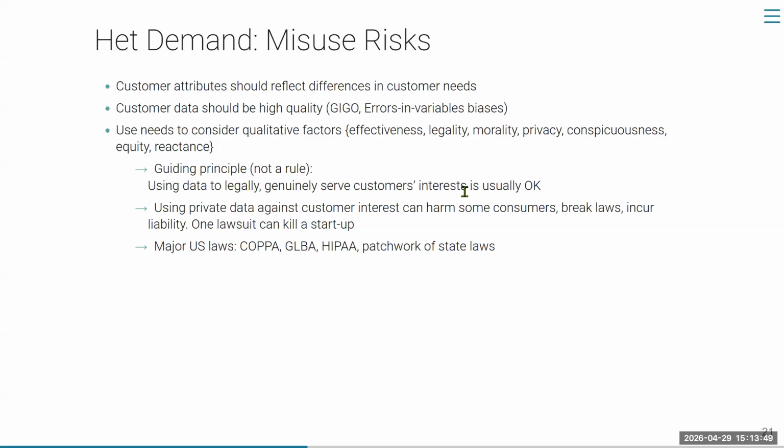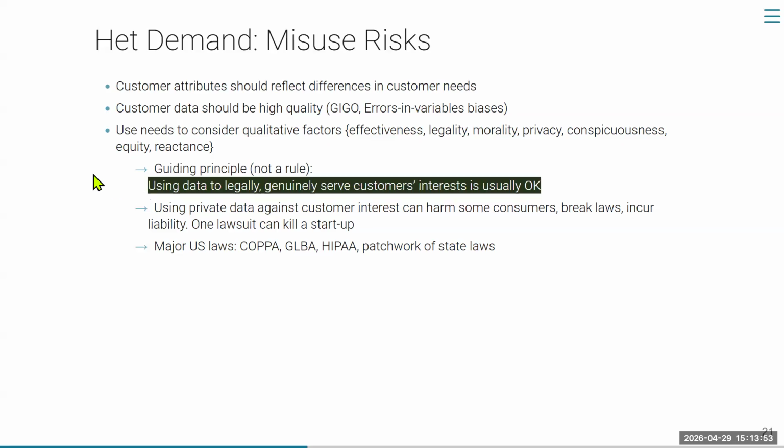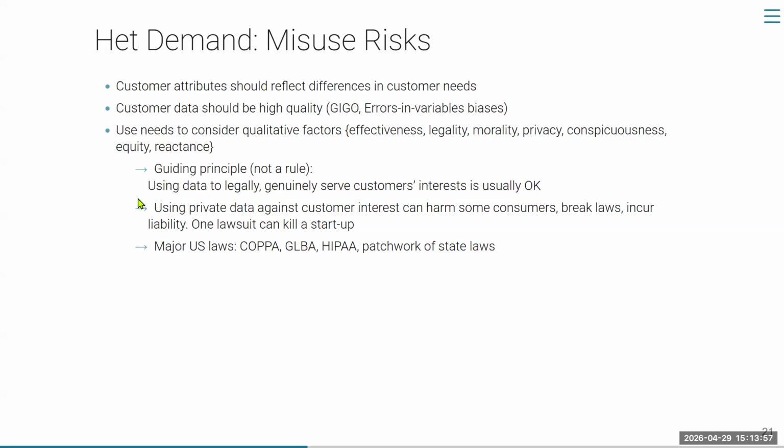But generally speaking, this is a reasonable guiding light. If you're using customer data against customer interests, you probably should be concerned not only about the ethics of what you're doing, but also about the potential consequences, because you're sort of inviting your customers to retaliate against you.